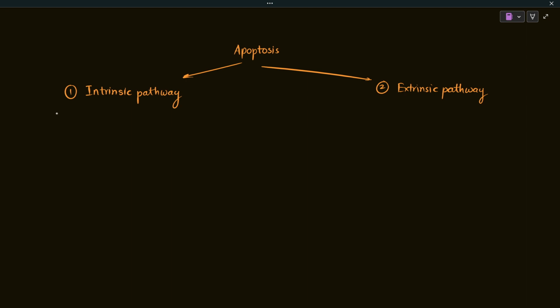The intrinsic pathway is followed when there is intracellular signal that now the cell needs to carry the apoptosis.